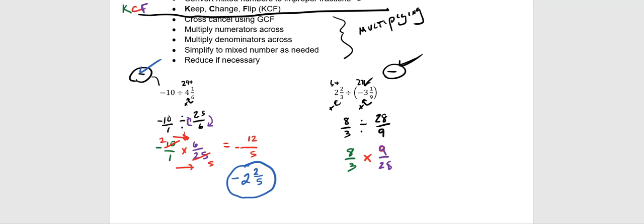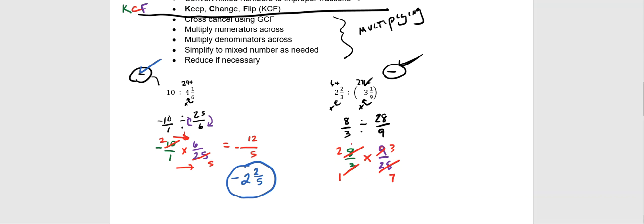So when you cross cancel, I know 3 can be reduced by a factor of 3, reducing it to 1. 9 by that factor of 3 reduces to 3. I know my 8 and my 28 share a common factor of 4. So 8 divided by 4 is 2. 28 divided by 4 is 7.